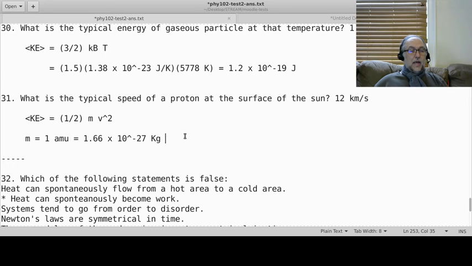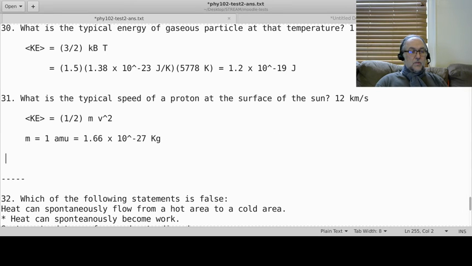Let's substitute in for the kinetic energy here. I'm going to substitute in that number, and that's got to equal 1/2 times the mass times V squared, like that.